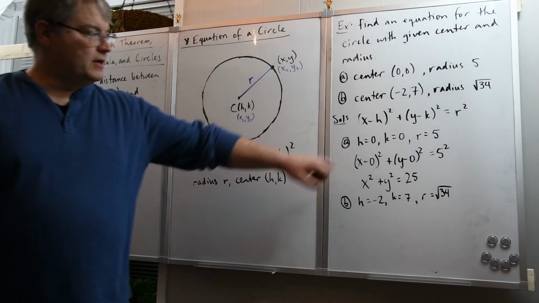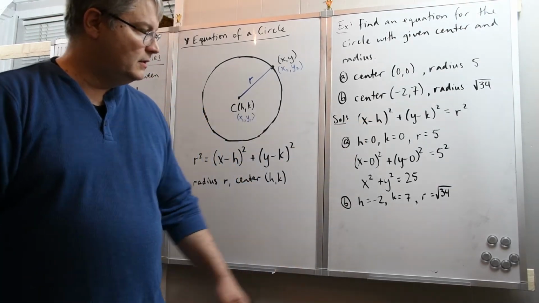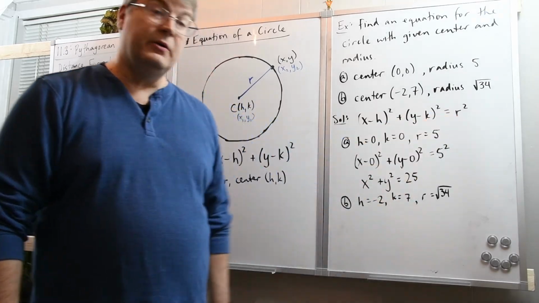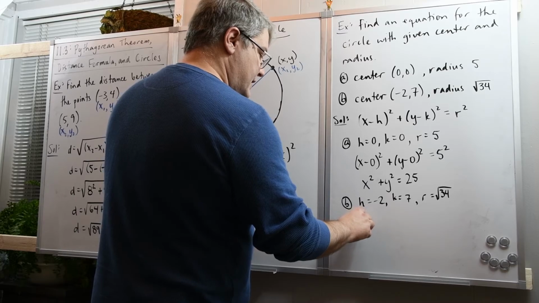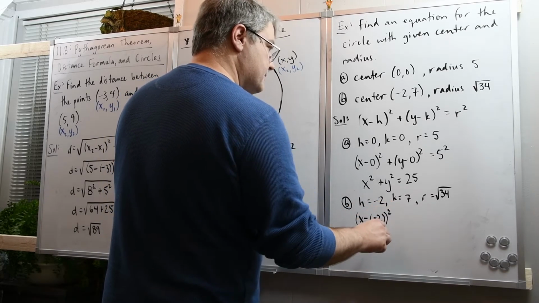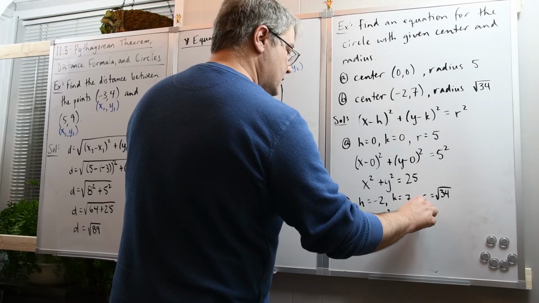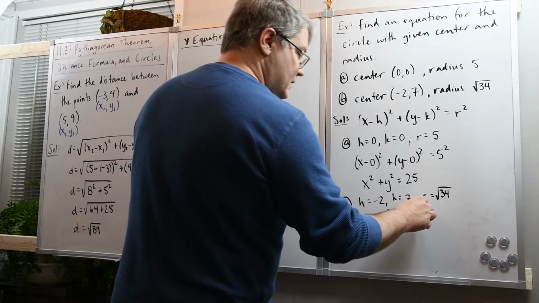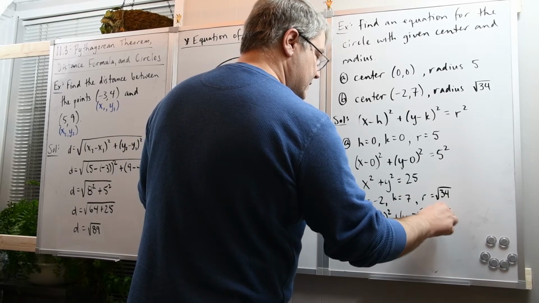We go back to this general form for the equation, and we're going to plug in -2 for h, 7 for k, square root of 34 for r. Well, that means we have x minus a -2 raised to the second power plus y minus 7 raised to the second power is the same thing as the square root of 34 raised to the second power.